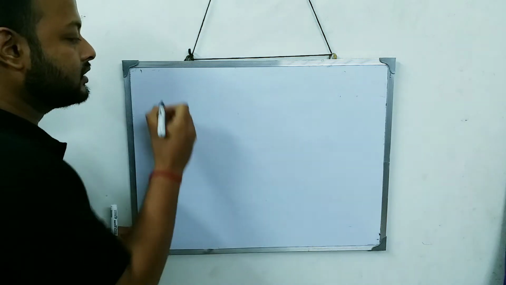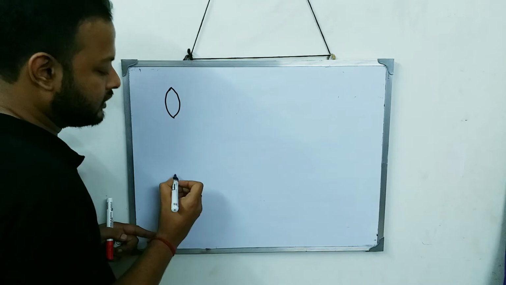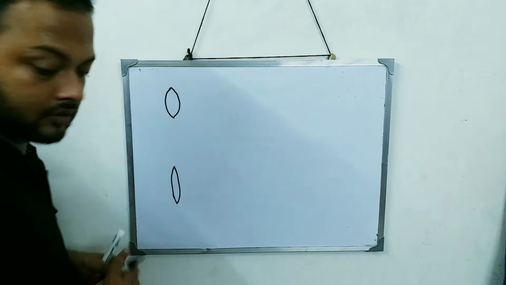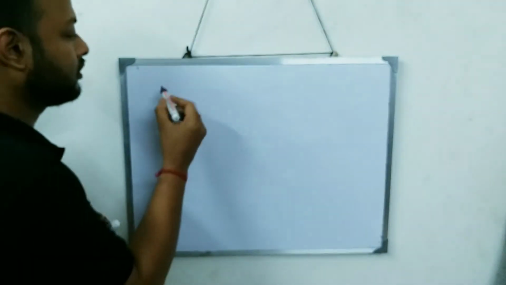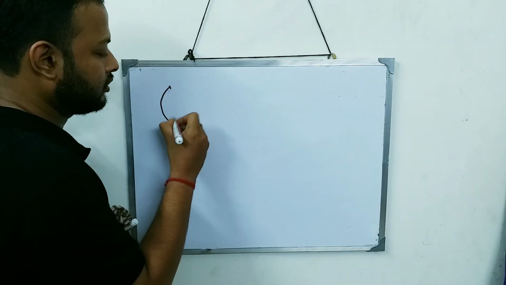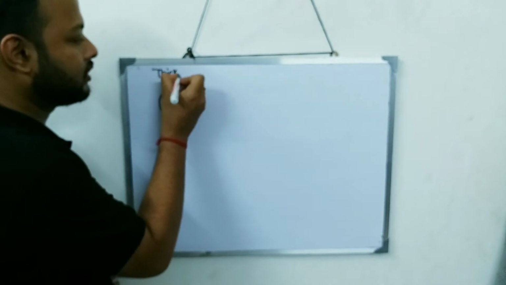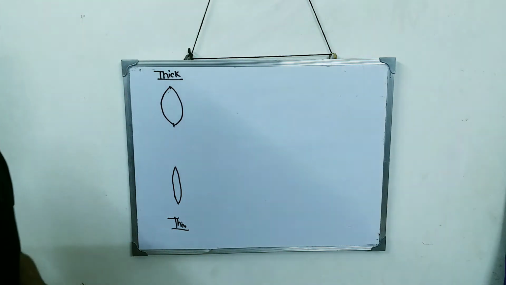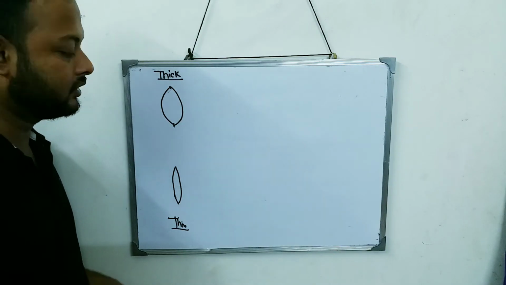Now let's see a thick lens, and let's take a thin lens. So a thick lens, and over here I've taken what? A thin lens. Now let's try to understand the thickness and thinness of a lens.